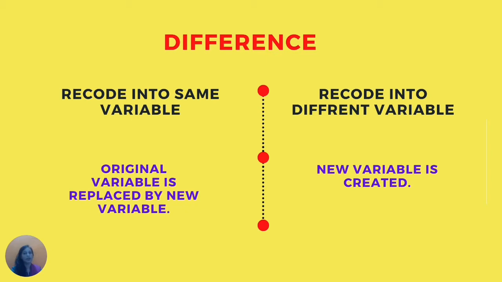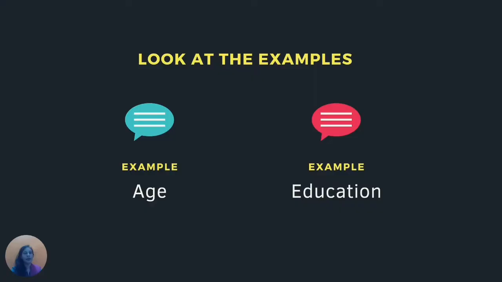Now with the help of an example we'll understand their working. For example, in any research we have collected data and there are two variables called age and education. We have directly asked questions like what is your age, what is your education. So in both cases these will be open-ended questions and we will collect the loose responses from the respondents.